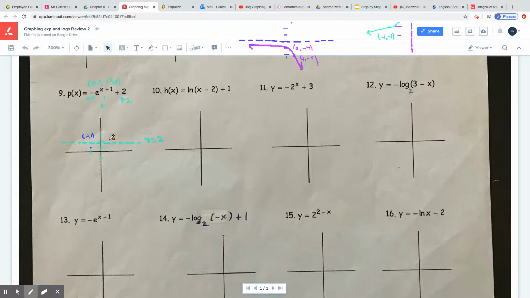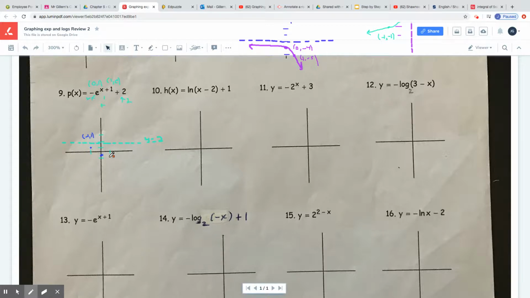1 comma E, right around here. Vertical flip puts it at 1, -E. Then up 2 puts me right in here, and then 1 to the left puts me here. So I was at 1 comma E, which is like 2.718. I then go to 1, like -2.718.